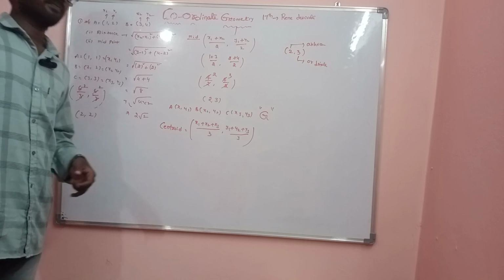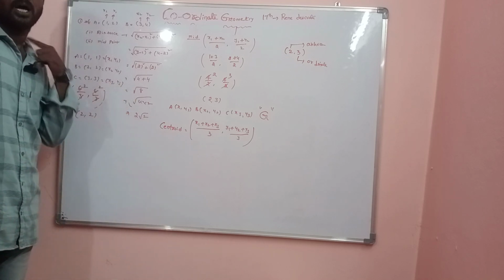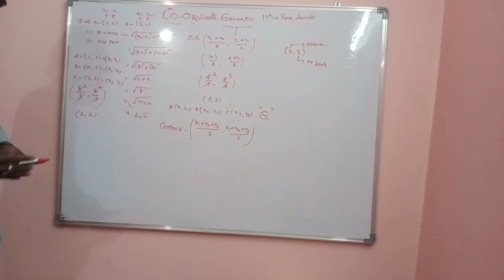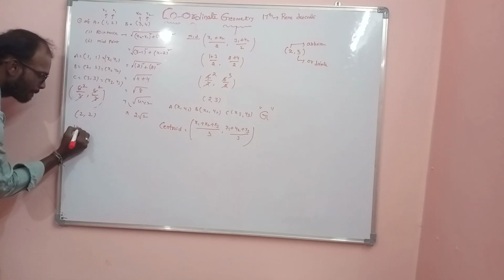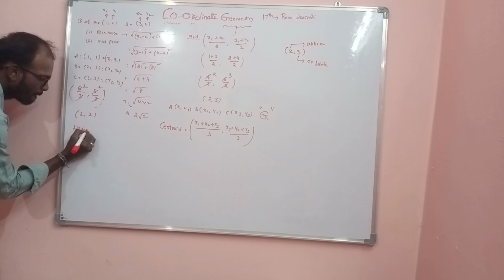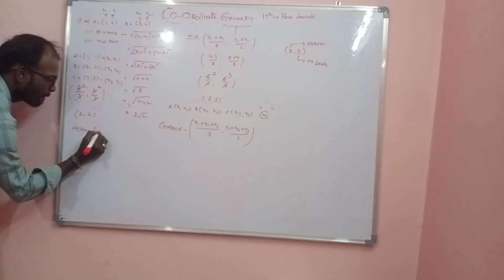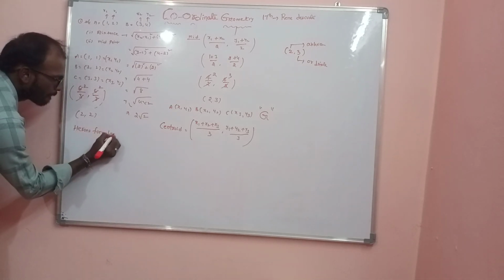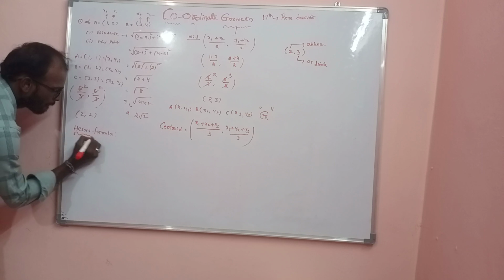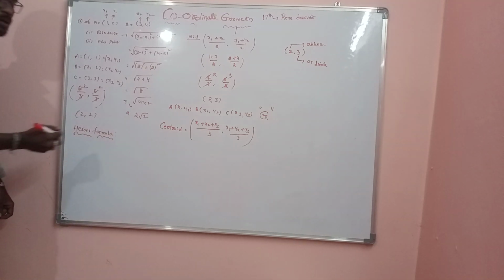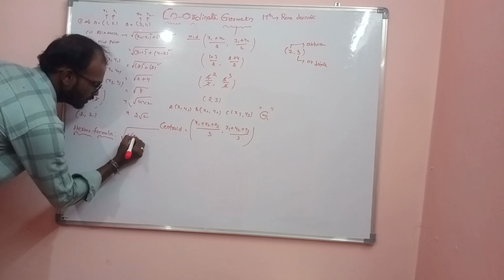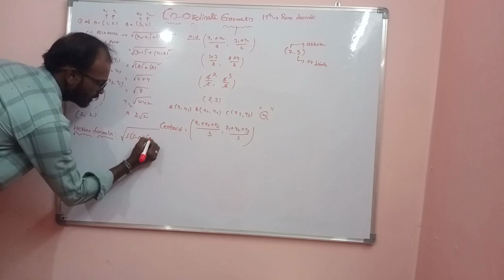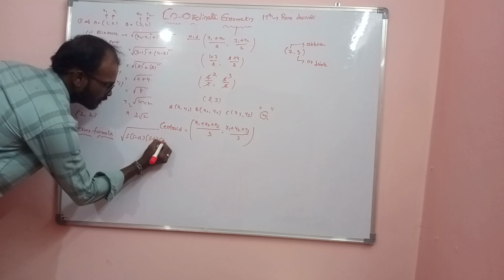Another formula, a 10th class topic, is Heron's formula. Heron's formula, most important one, is square root of s into (s minus a), (s minus b), (s minus c).